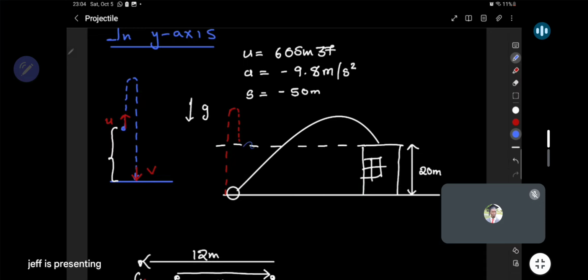So you have to see that the displacement will just have to be the distance from the starting point to the final point in the y-axis. In the y-axis, the starting point is here, the final point is here. So the displacement just corresponds to the height of the building. The difference here is that now the displacement is a positive displacement because the object finds itself at a higher position than the starting position.